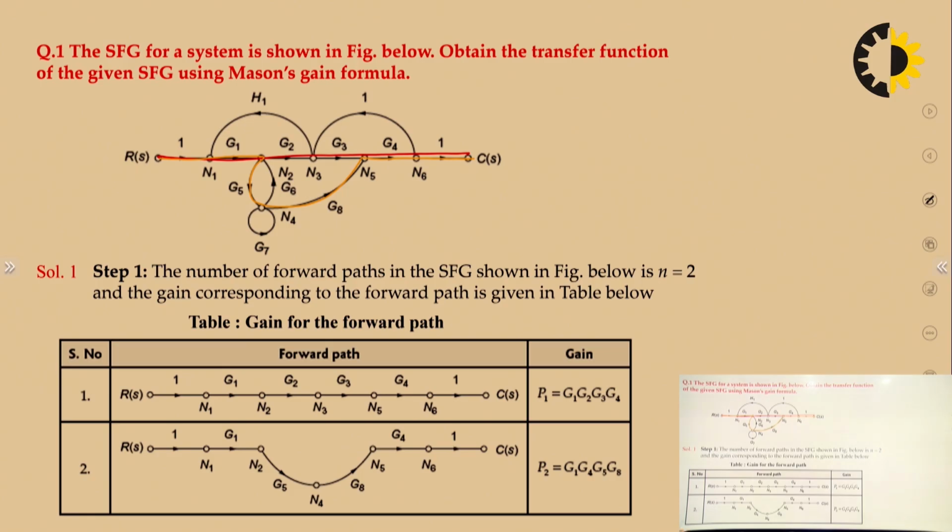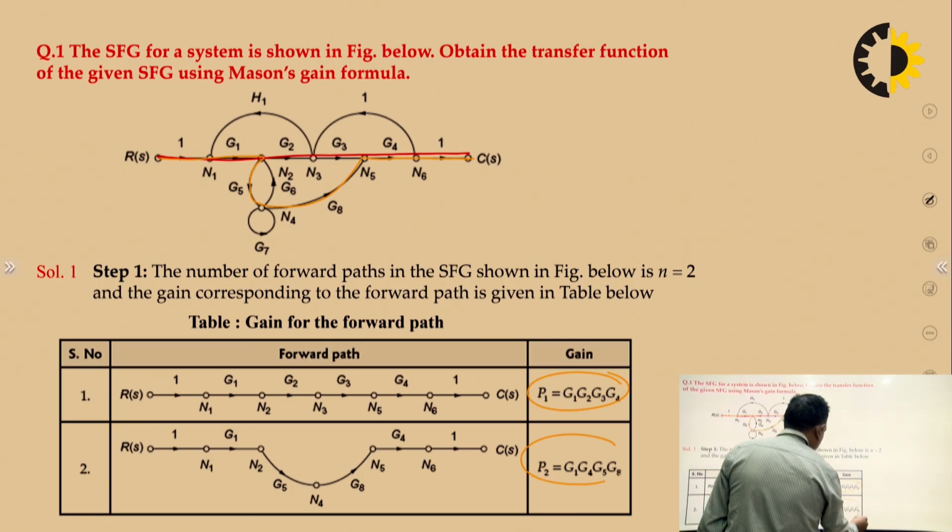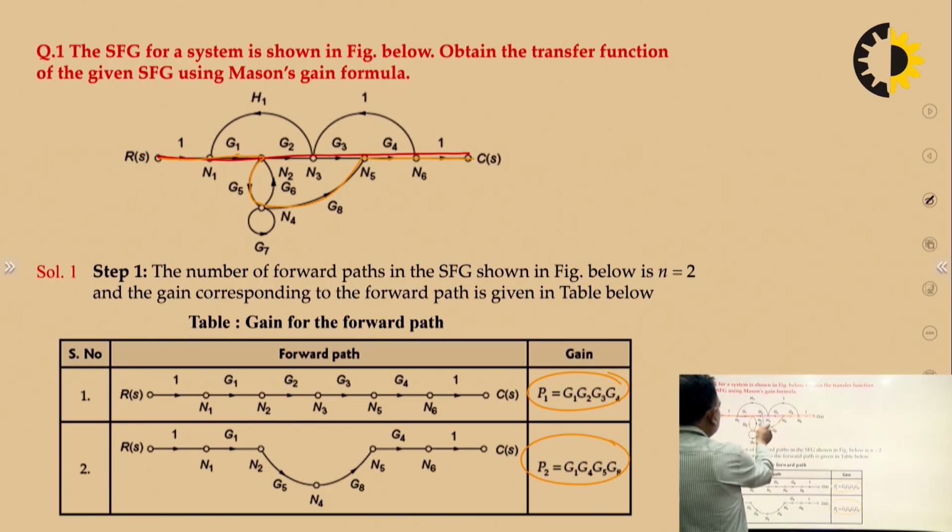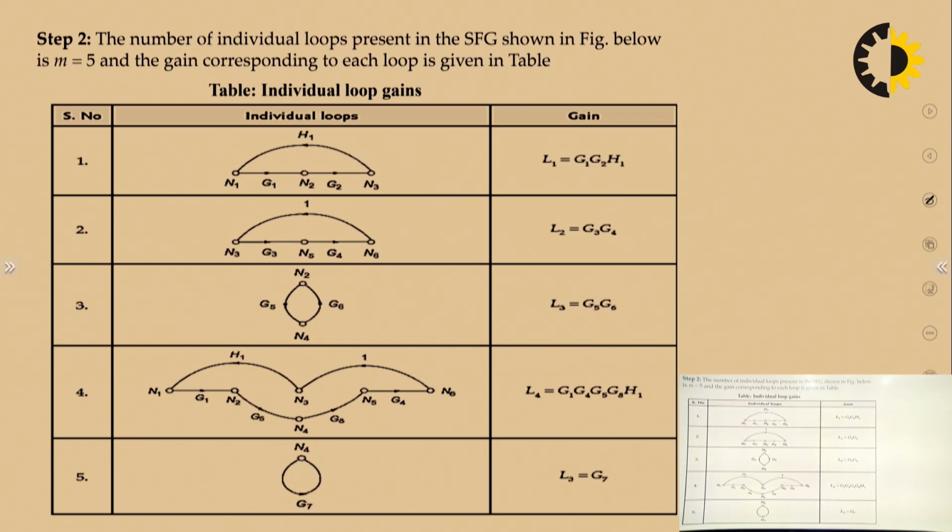These are the corresponding path gains. You can see G1, G2, G3, G4 in the first case. In the second case, G1, G5, path gain is G8, and it is G4. So G1, G4, G5, G8. These are the only two forward paths.